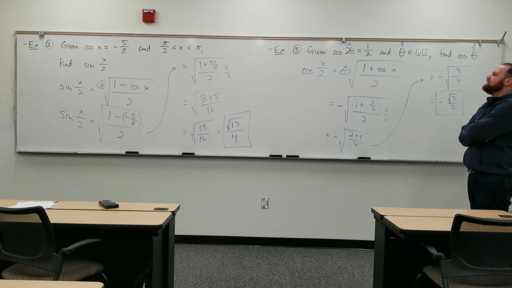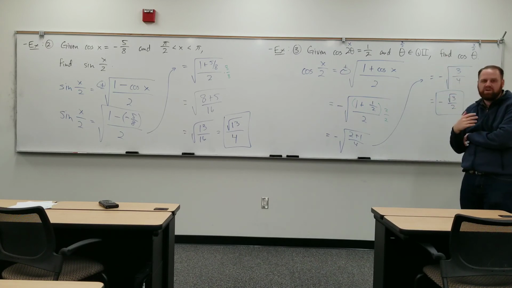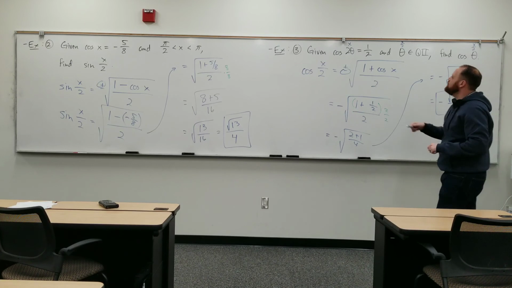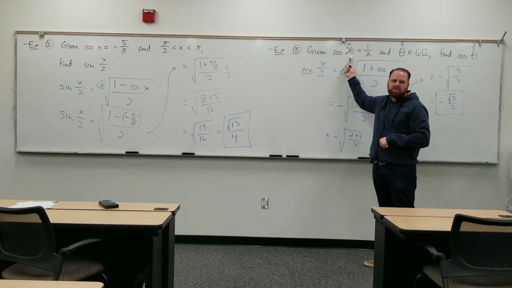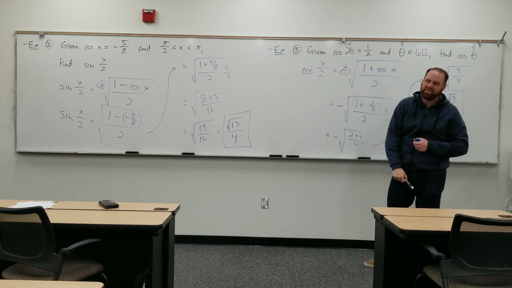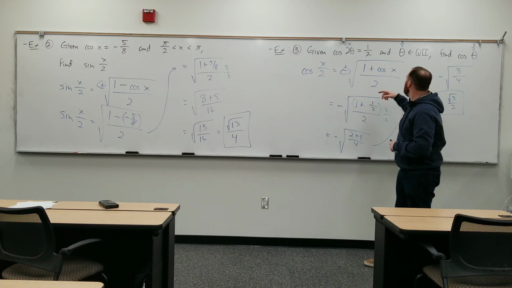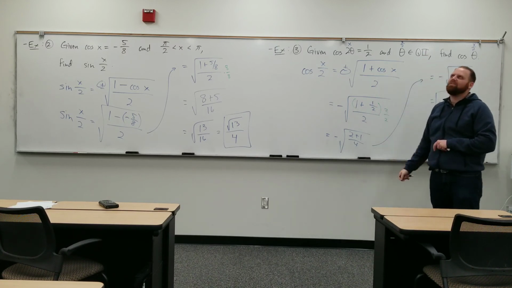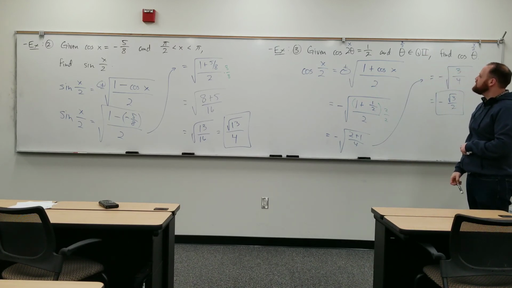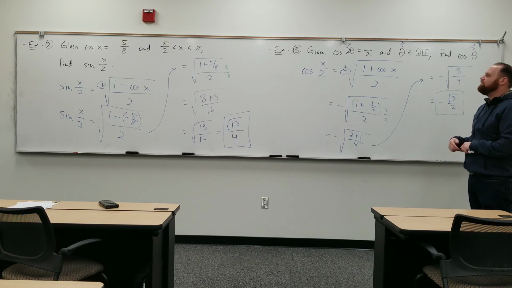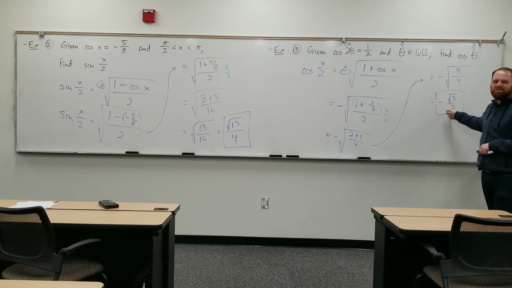The corresponding angle in quadrant 4 would be 300 degrees. So 2 theta must be equal to 300 degrees. That means theta must be equal to 150 degrees, which definitely puts us back in quadrant 2. If theta is 150 degrees, cosine of 150 degrees would be negative root 3 over 2.